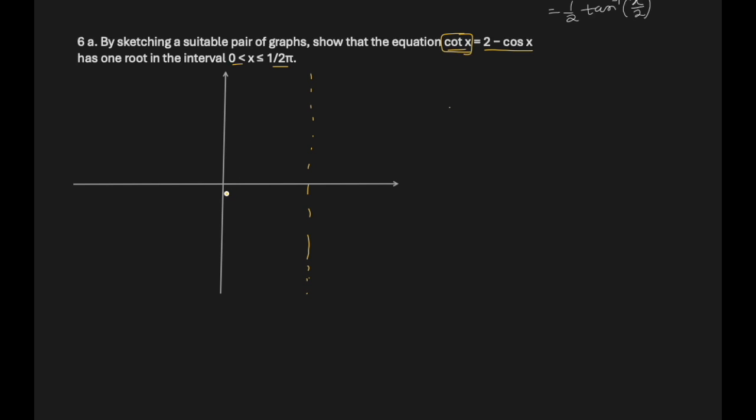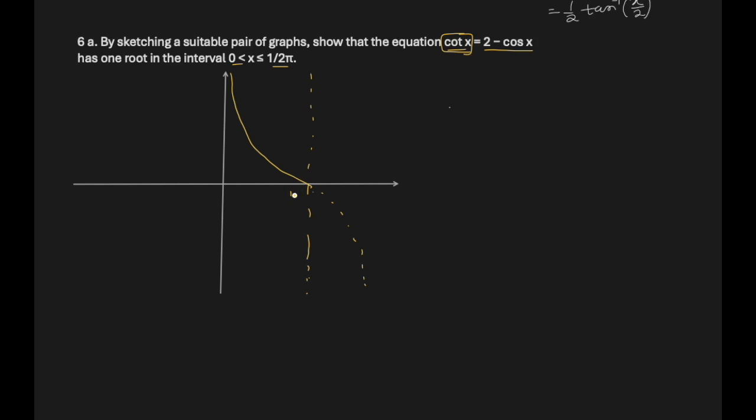Okay, so for tan, this pi by 2 is an asymptote, but for a cot graph, it is not an asymptote. This y-axis is the asymptote, and it's a decreasing graph. From here it comes like this, and it goes something like this to pi.